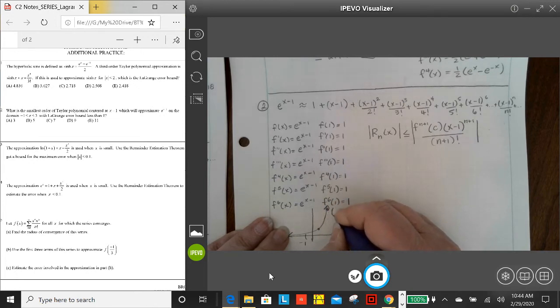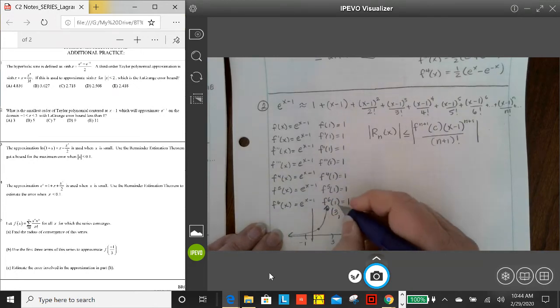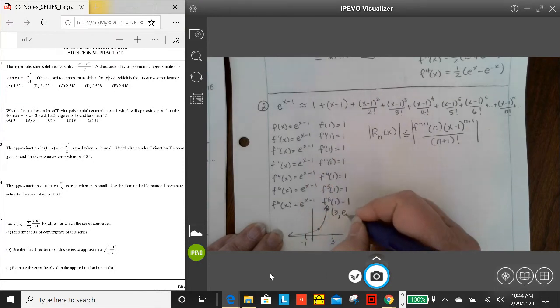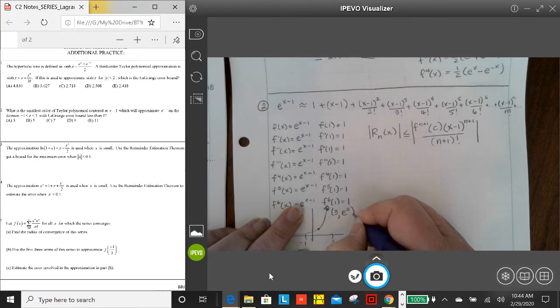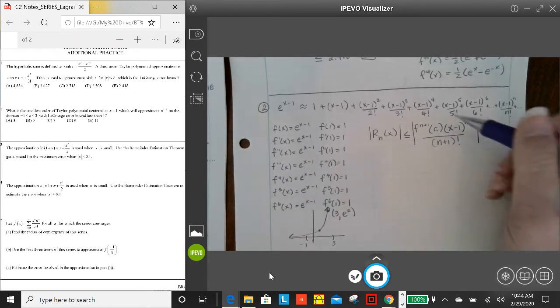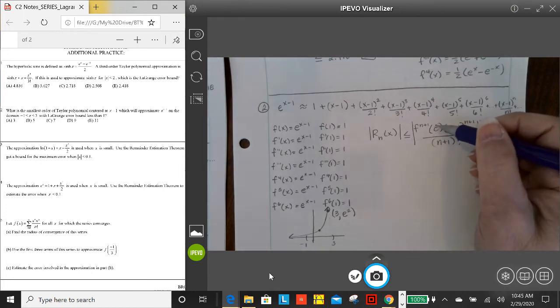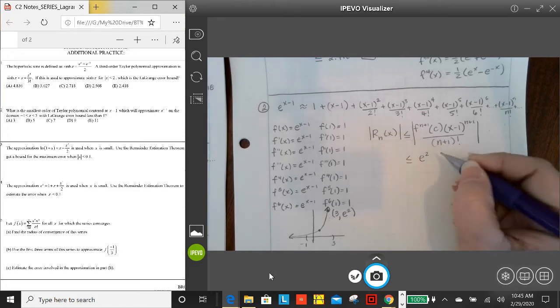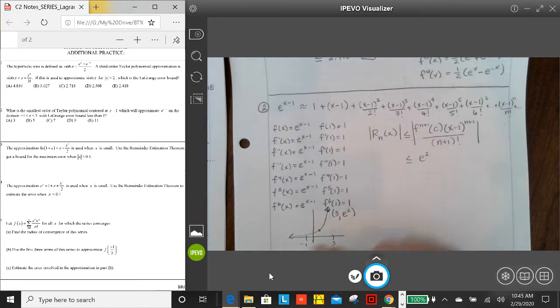Okay, so when x is 3, my function value is going to be, no matter what the derivative, e to the 3 minus 1, or e squared. So the value that I'm going to put here, no matter what the derivative is, is e squared. And then how far am I going to be from the center on either side?